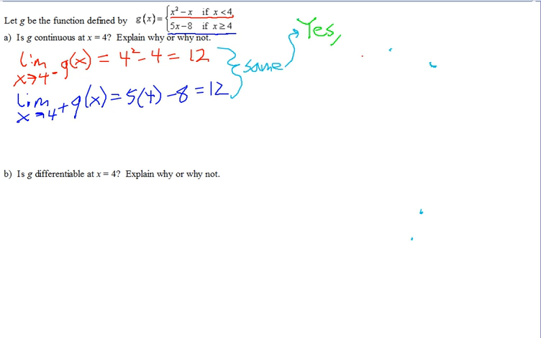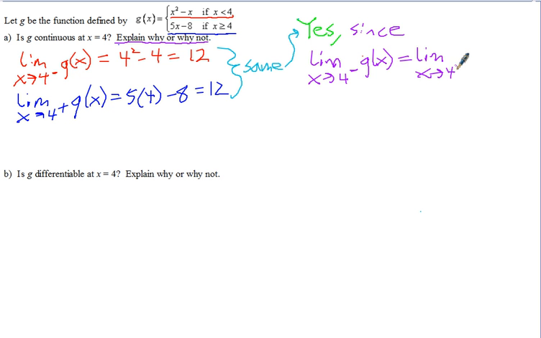And to explain why or why not, say since the limit as x approaches 4 from the left of g of x equals the limit as x approaches 4 from the right of g of x. But there's one more thing we have to say, and we could still have a hole there.